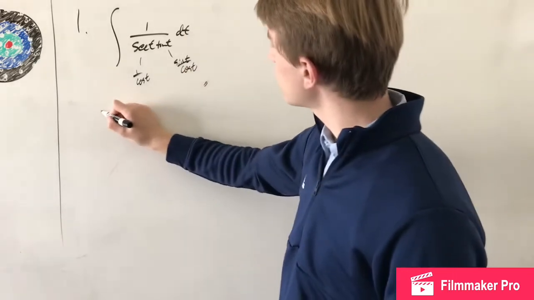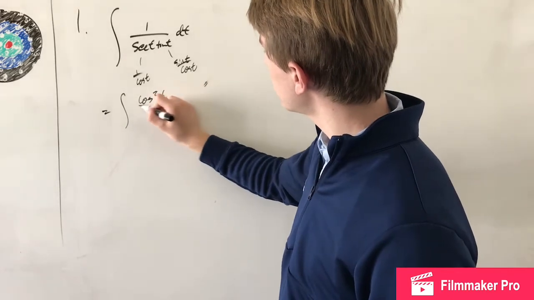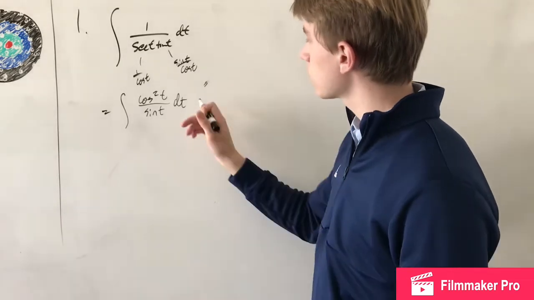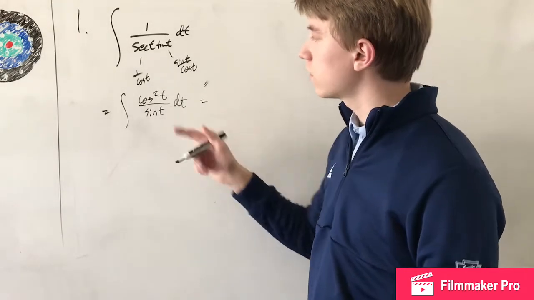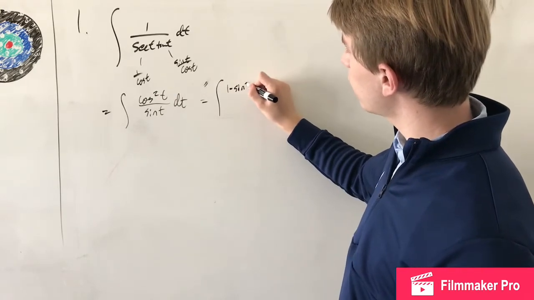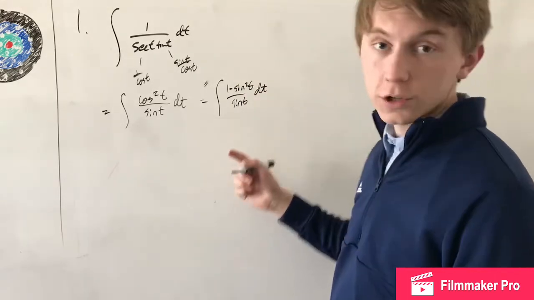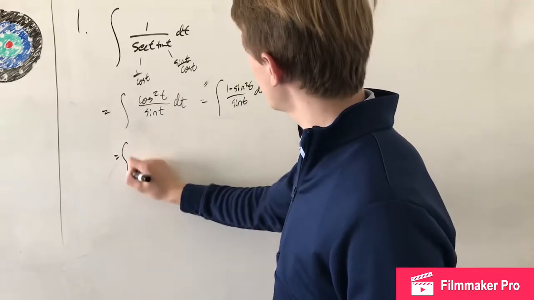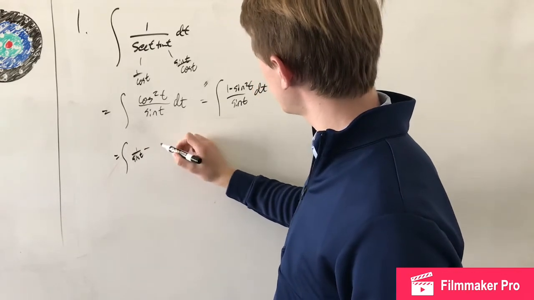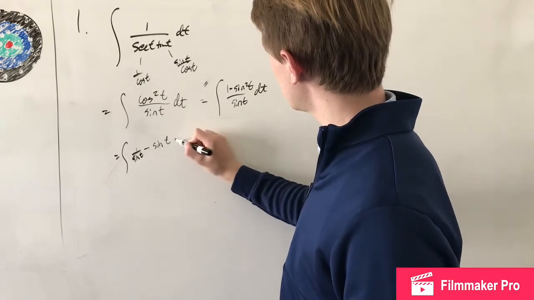So this whole integral will become the integral of cosine squared t over sine t dt, and I just converted this to 1 minus sine squared t over sine t dt, and you can split this up easily. You get 1 over sine t minus sine t dt.